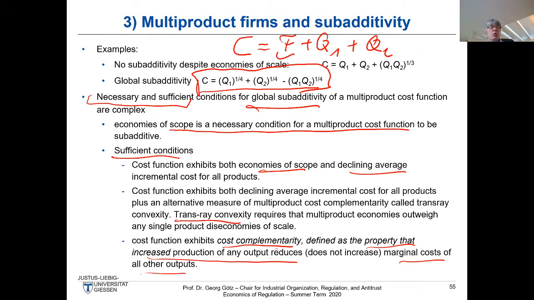So if you have more crude oil, it's cheaper to produce both gasoline and diesel and so on. If you produce more gasoline, it's cheaper for you to also produce more diesel. If you dig more oil wells, it might be cheaper for you to produce more natural gas. Okay, but that's about it.